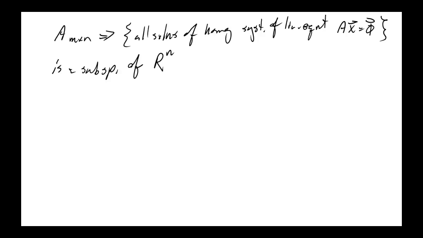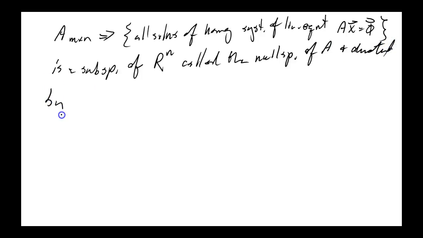This is a subset. I've written that already. Then the set of all solutions of this is called the null space of A, and is denoted by N(A).